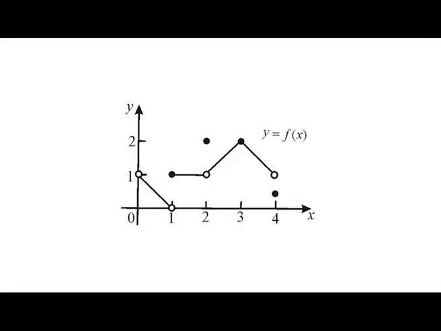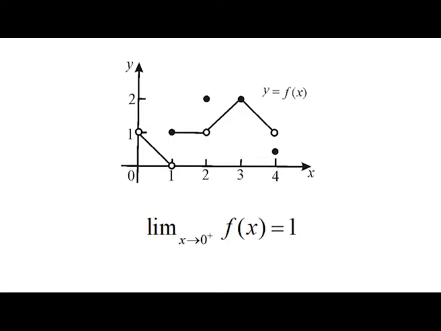As an illustration, consider the piecewise defined function whose graph is given in figure. Referring to the graph, it can be seen that limit of f of x as x approaches 0 from right is 1, limit of f of x as x approaches 0 from left does not exist as the function is not defined to the left of x equal to 0.